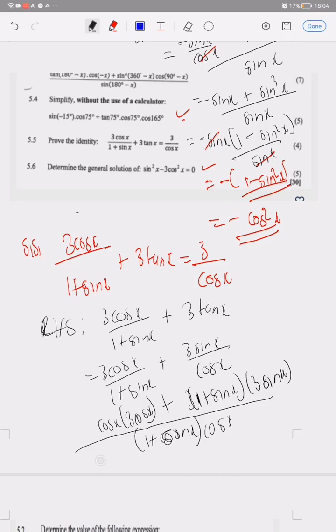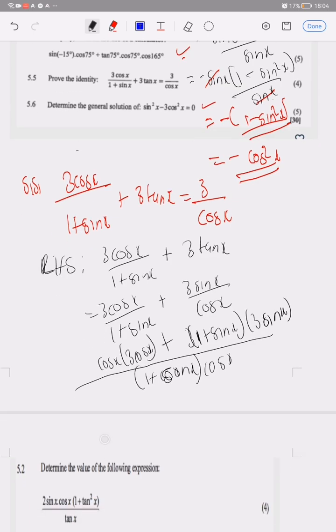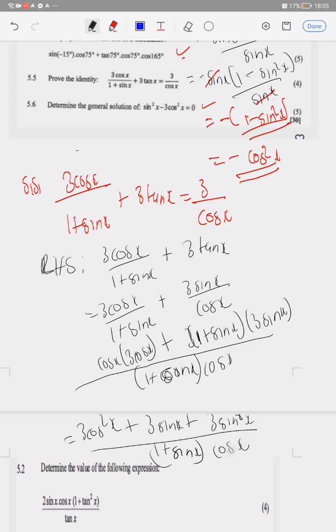Now it's just a matter of simplifying. This will be 3 cos squared x plus 3 sine x plus 3 sine squared x, all over 1 plus sine x times cos x.